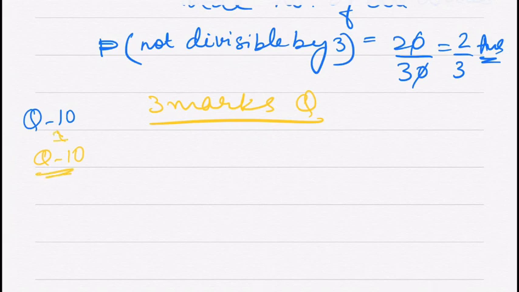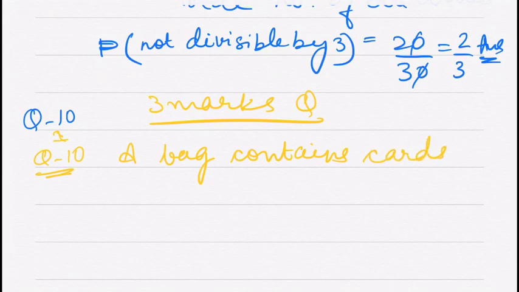Okay, so question number 10 says a bag contains cards numbered 1 to 49.